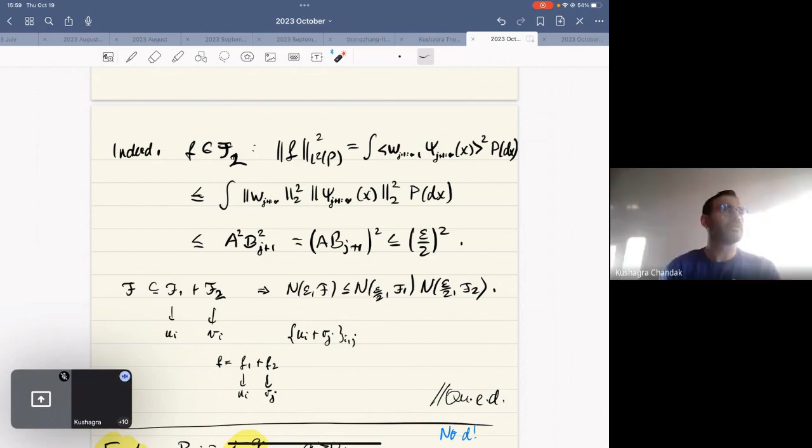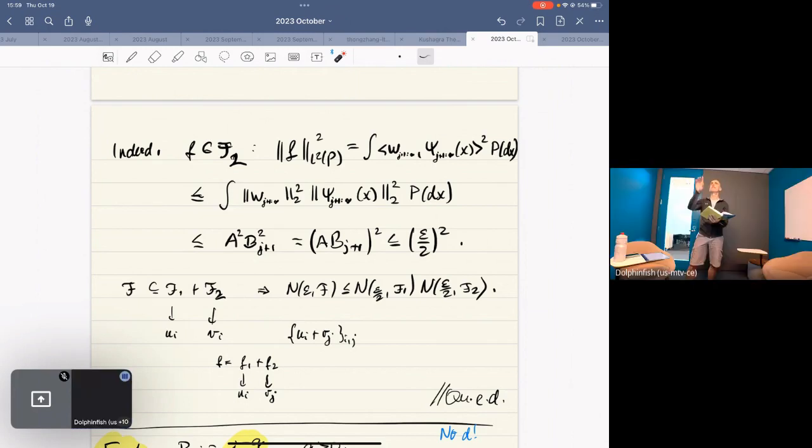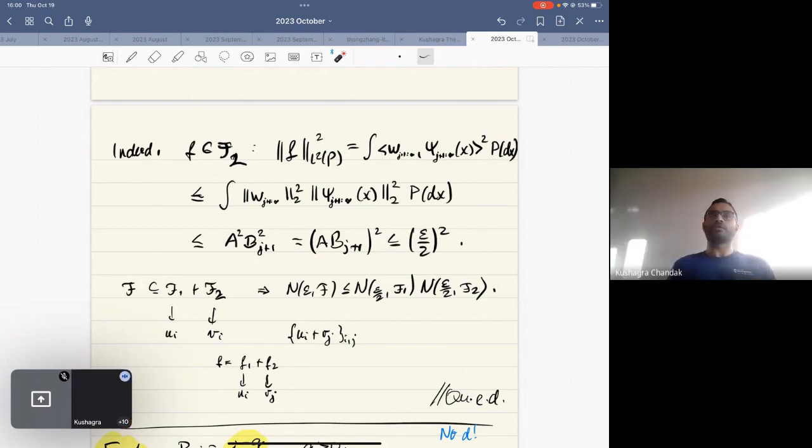And then usually we have the square root of the log of the covering number, or equivalently the square root of the metric entropy. So the metric entropy is of the order of A squared B squared over epsilon squared.